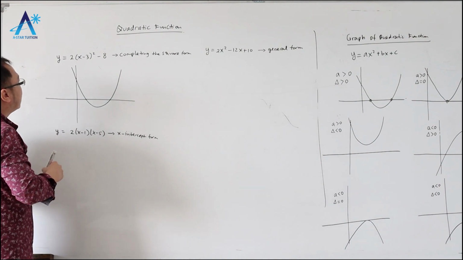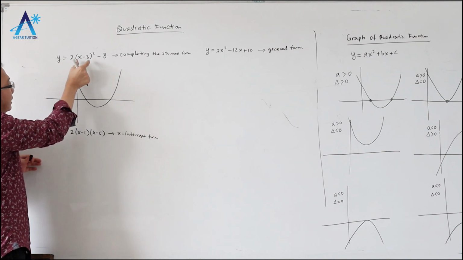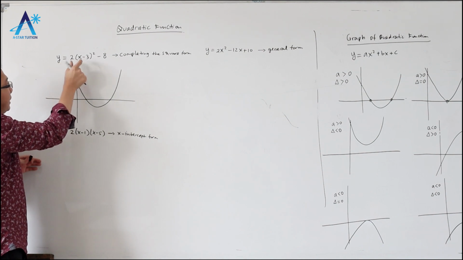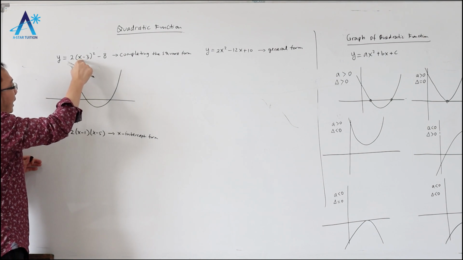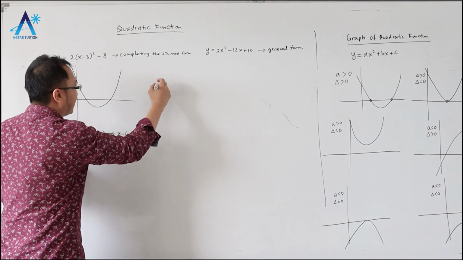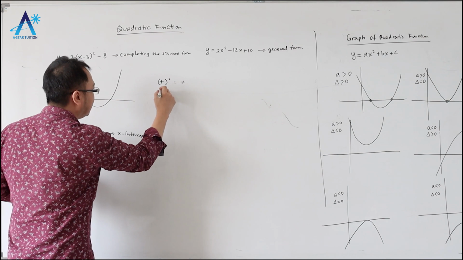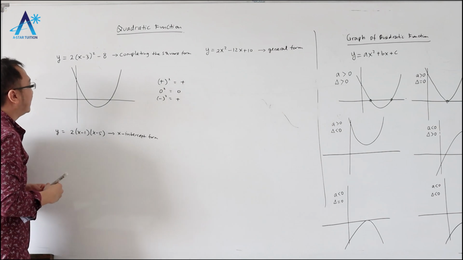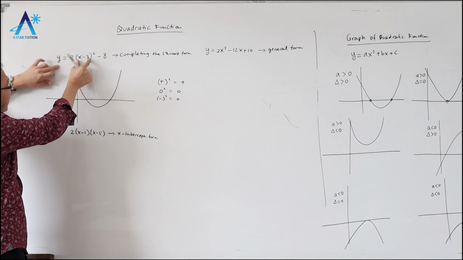Why is it that way? Because y reaches minimum when this is minimum, and the minimum value of any number squared is 0. Positive squared is positive, 0 squared is 0, negative squared is positive. So as you can see, y reaches minimum when this is 0.